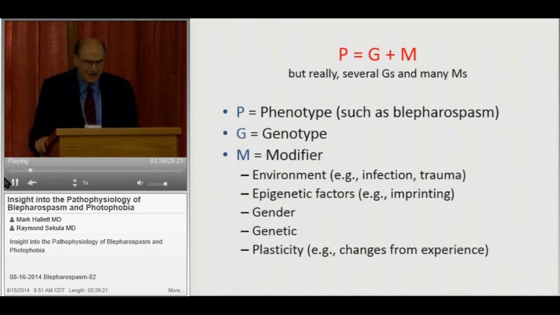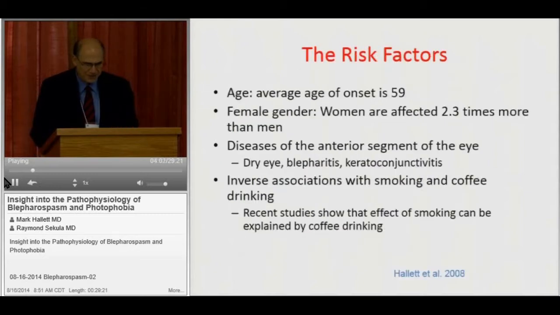And it turns out that there are probably going to be multiple G's and multiple M's that relate to any particular disorder, and it's this complex combination of all those factors that leads to a particular problem. So we'll talk about them as relates to blepharospasm.